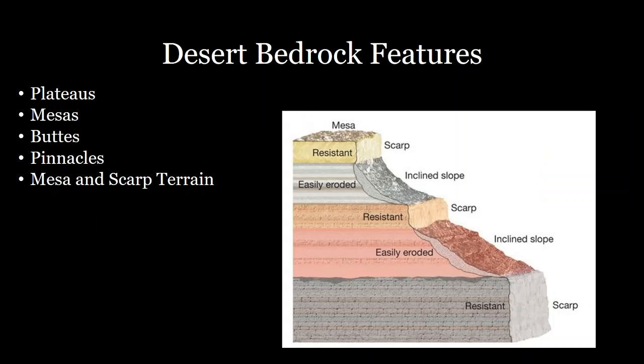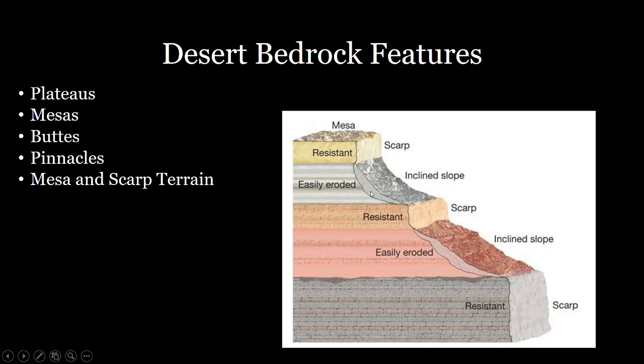Oftentimes when you have layers of rock that get eroded into in a desert landscape, you have terrain called mesa and scarp terrain. This forms when you have a resistant layer with an easily erodible layer below it, and repeating patterns of resistant and easily eroded.